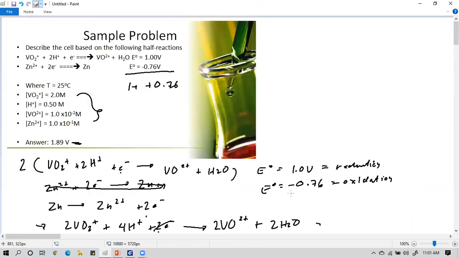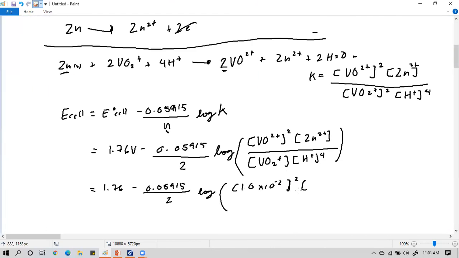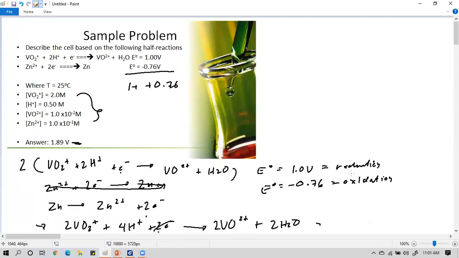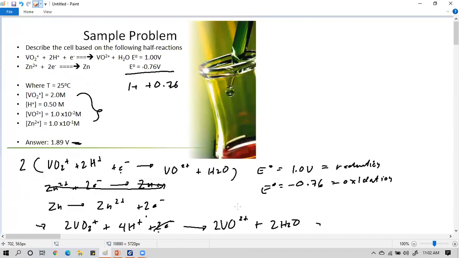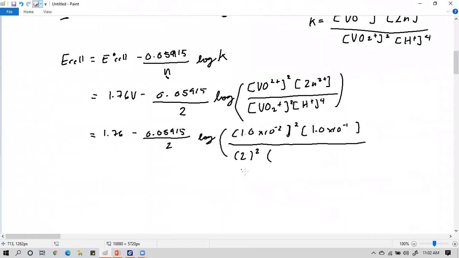And ano yung concentration ng zinc natin? Is 1.0 times 10 raised to negative 1, or 0.1 na lang pwede naman. Times the vanadium dioxide ion here, 2 molar, so 2 squared. And then for the hydrogen, 0.5 raised to the fourth power here.